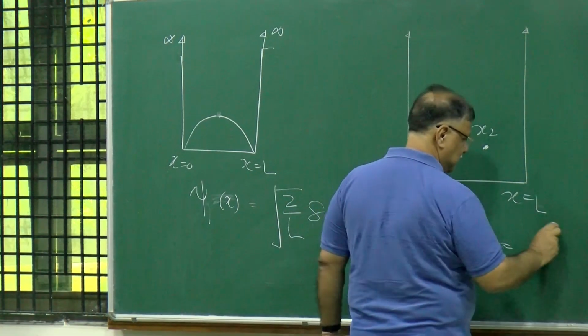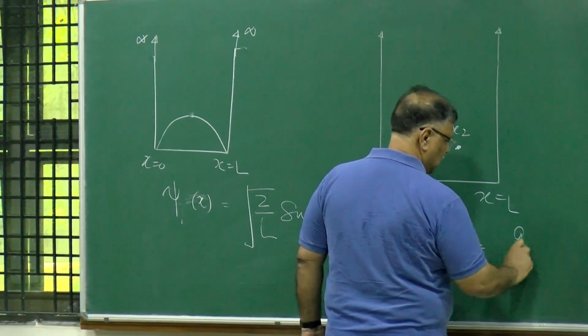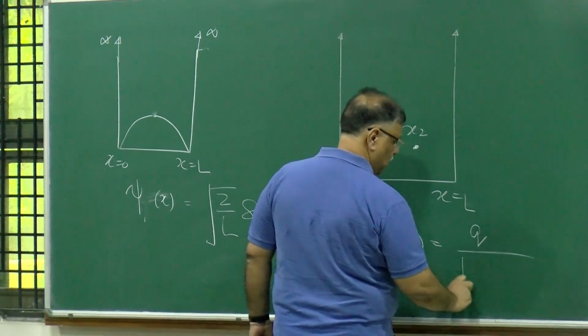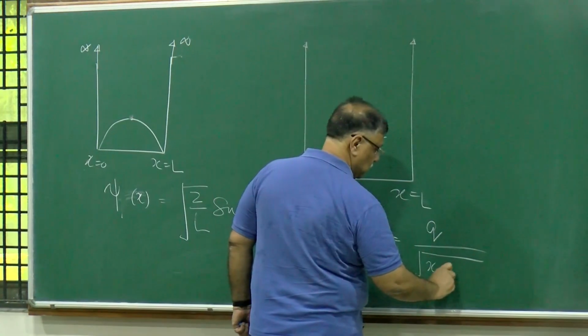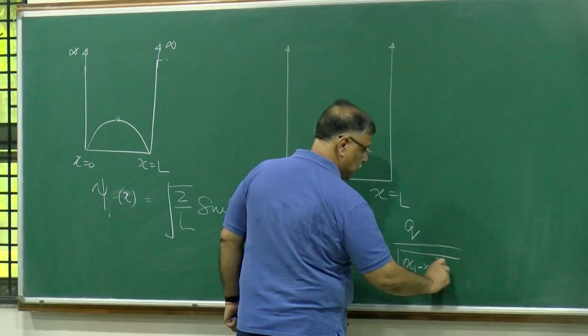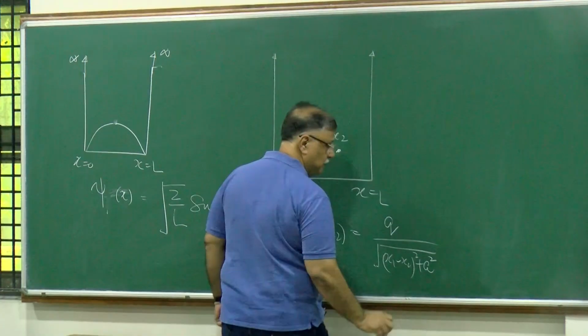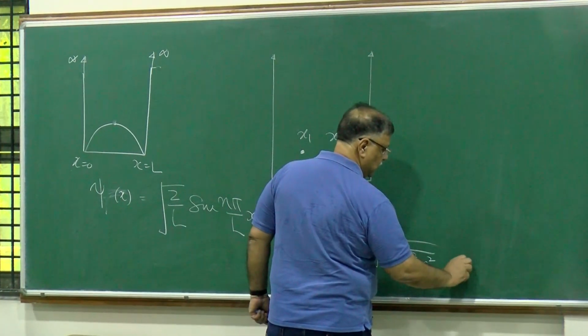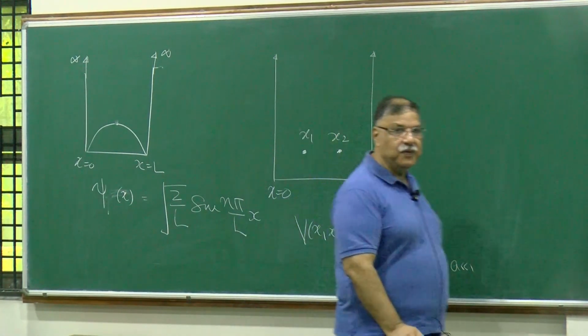Let's say the interaction is some number q over the square root of (x1 minus x2) square plus some a square, where a is very small compared to 1. Give me the wave function now.